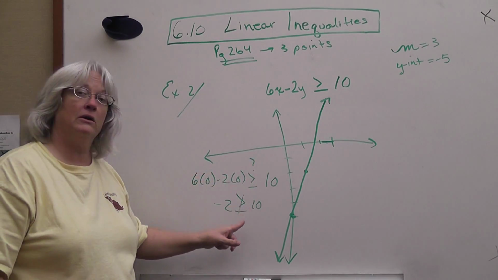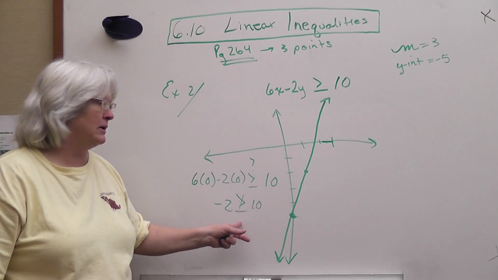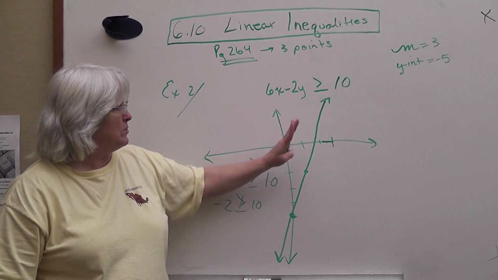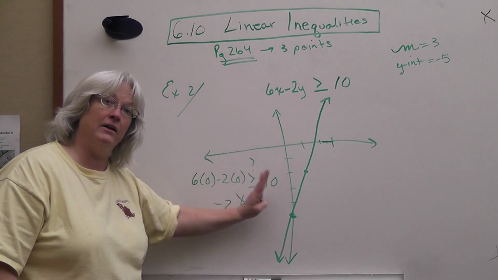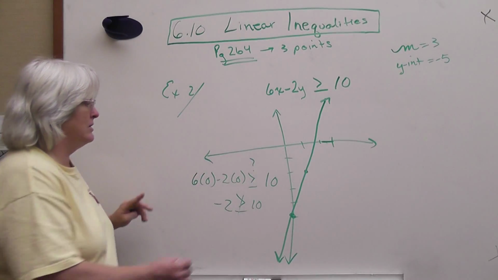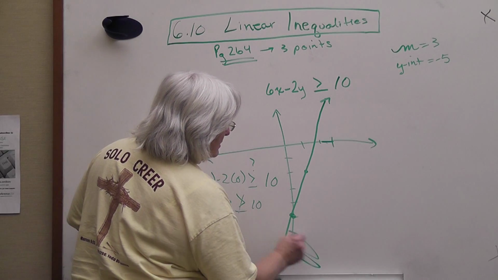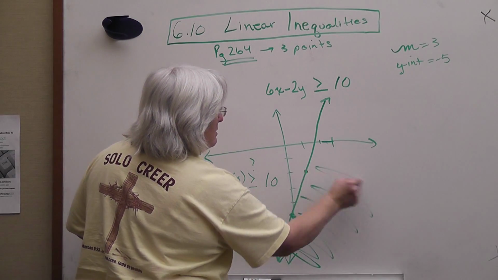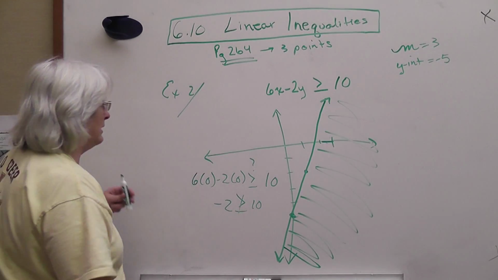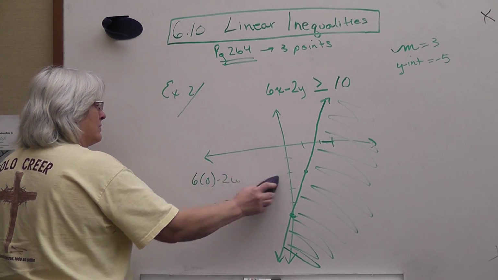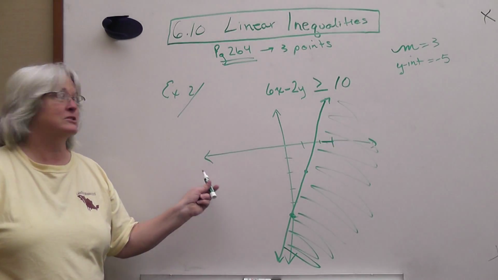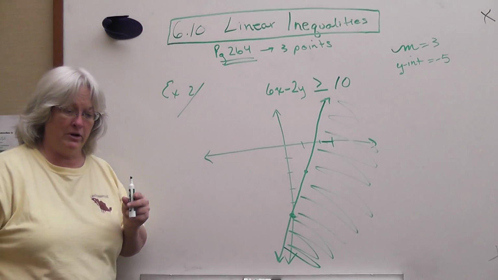Our test point gives us an incorrect inequality. So the test point, or anything on that side of the line, cannot be a solution. So we're going to shade the other side of the graph. And this is the graph that gives us the solution to our example number 2.